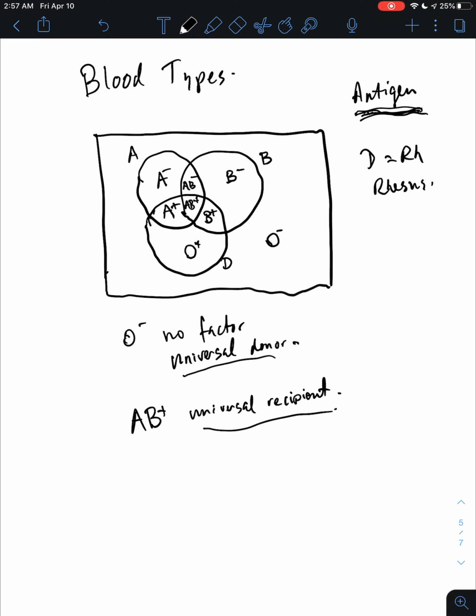Sorry. So here's A positive. Who can receive A positive blood? In order to receive A positive blood safely, you have to have both the A factor and the rhesus factor. And the only people who have both the A factor and the rhesus factor are this moon shape here.